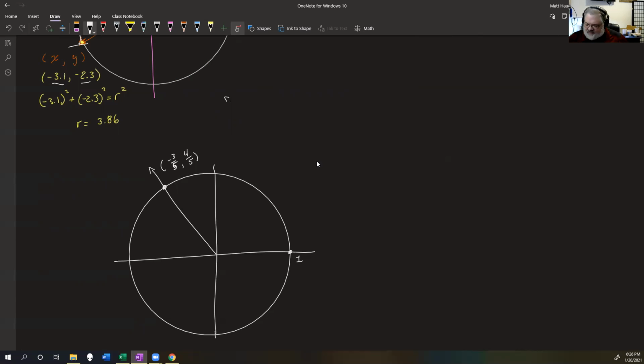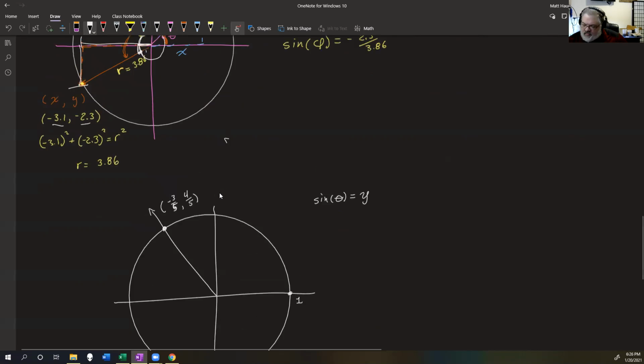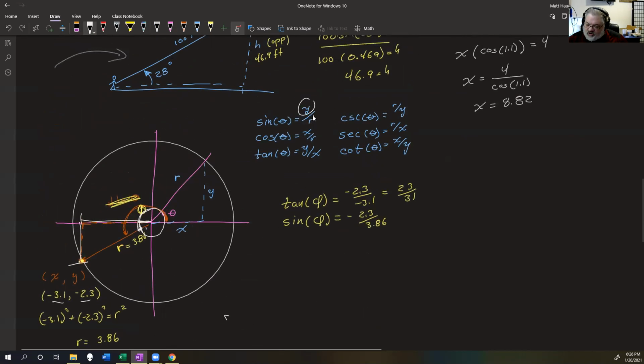The nice thing about defining it on the unit circle is if you're defined on a circle of radius 1, your sine value, instead of being the y value over the radius, since the radius is 1, it's just that y value. How? Well, the radius is 1, right? So instead of being y over some arbitrary radius, it's y over our specific radius of 1. And y over 1 is the same as y.